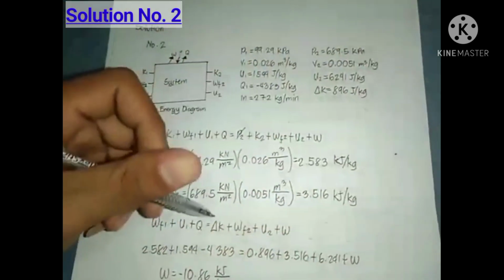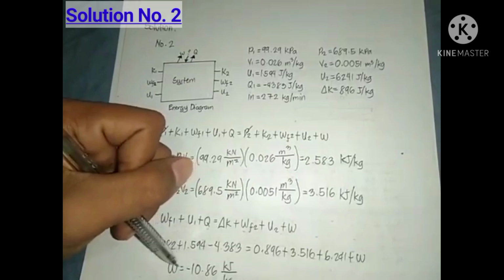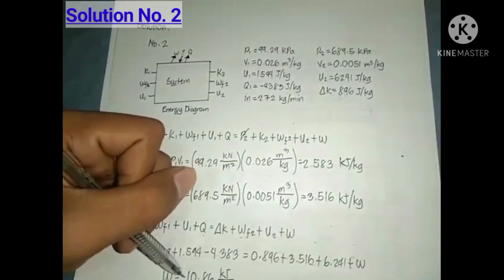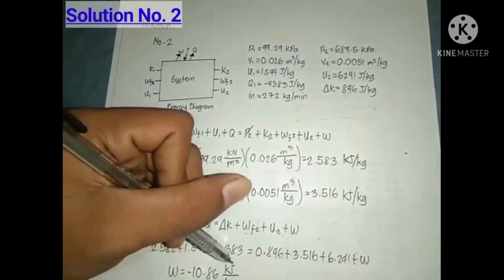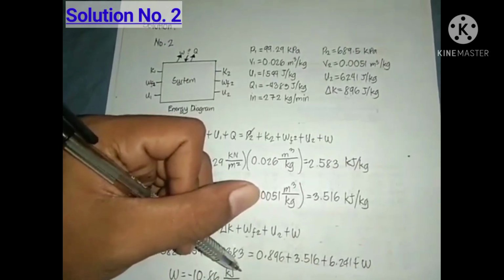The value of work is equal to negative 10.86 kilojoules per kilogram.